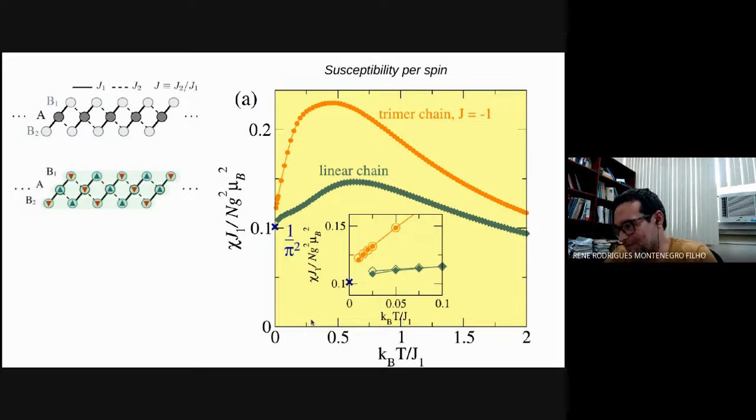And we notice that as T goes to 0, the susceptibility of the couplet time chain presents an infinite slope also, and points to this constant value expected for the linear chain. Here we are studying the size dependence of the susceptibility.